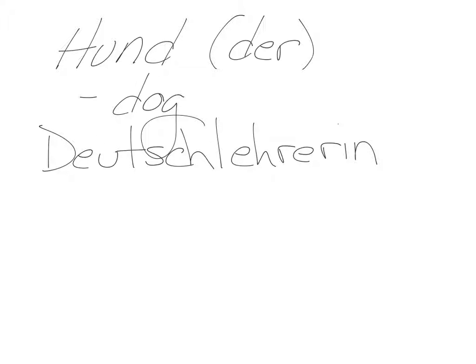So that one's pronounced Deutschlehrerin. What do you think it means? Well, it's not a dog. It is German something. Ich bin eine Deutschlehrerin. Cat? It's not an animal. Well, not really. It's not a furry creature with four legs. German something. Use your minds.